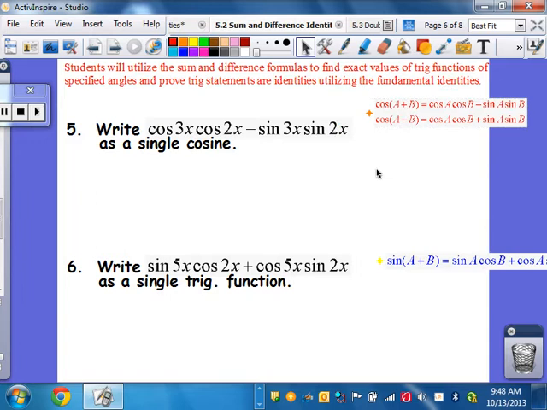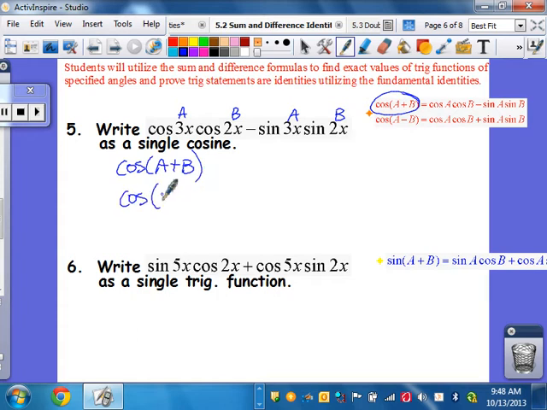Okay, if you can recognize that, it becomes really easy because here's your A, here's your B. Same A, same B. So what you need to do now is, okay, I know that it's cosine of A plus B, whatever your A plus B is in the problem. So in this case, it's cosine of 3x plus 2x. And you can add those up because they're like terms, so it's cosine of 5x, and that's your single cosine. Okay? So that's me specifying it's cosine.